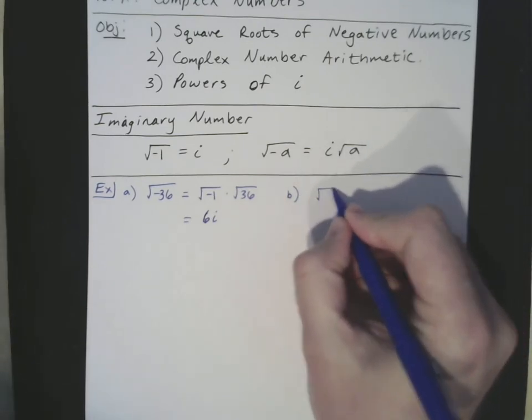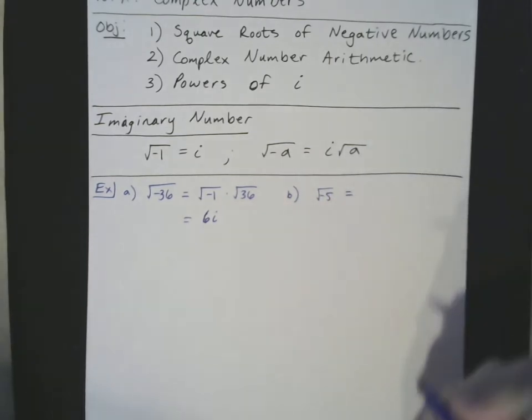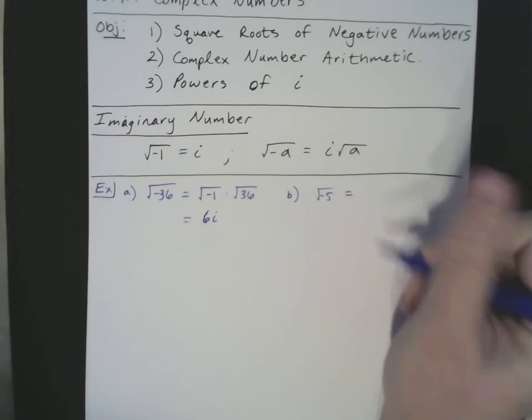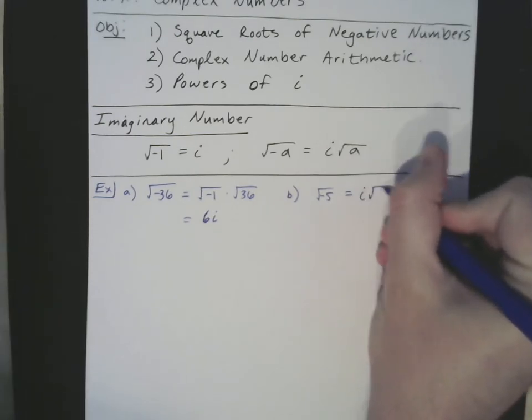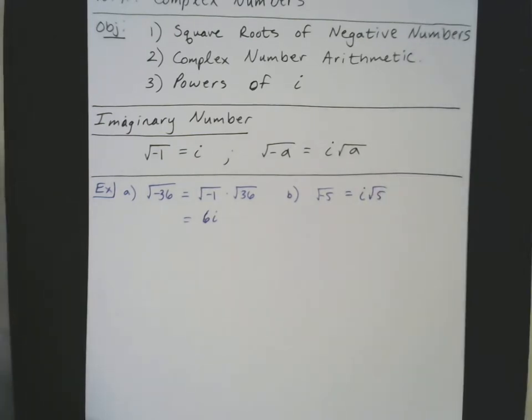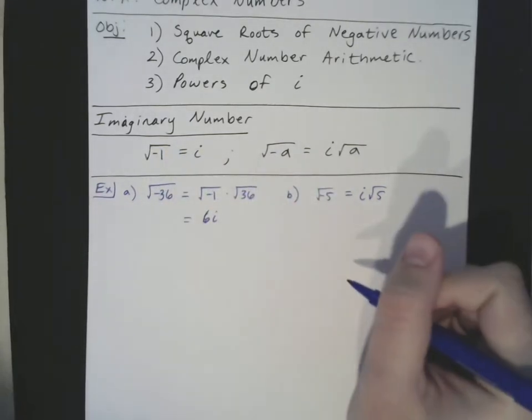Another one, something like the square root of negative 5. Can't take the square root of 5, so this just becomes i square root of 5. And that's just how it works.